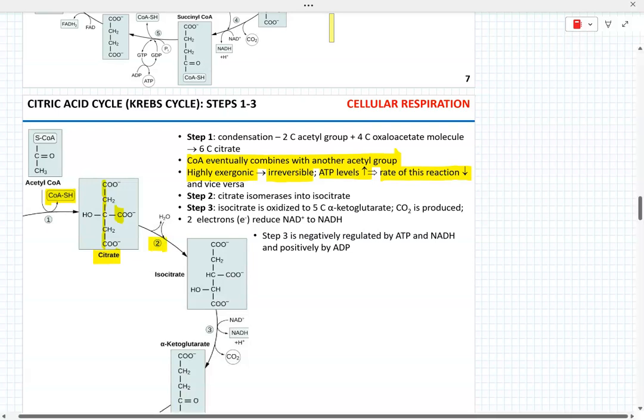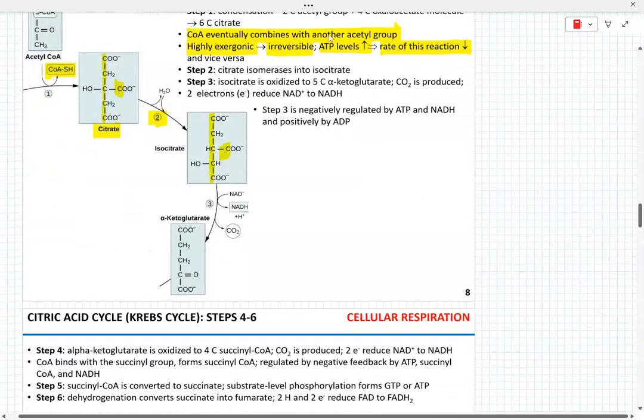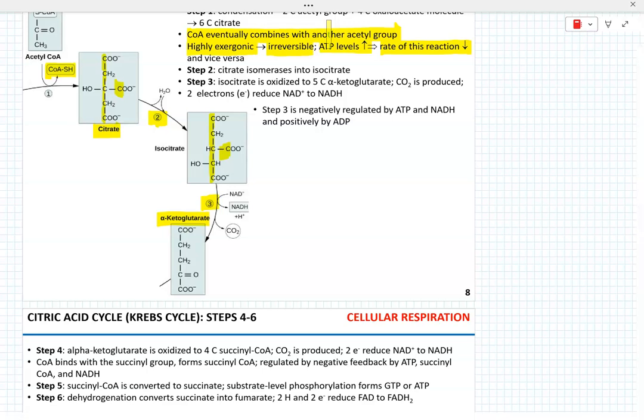During the second step, citrate isomerizes into isocitrate, which is converted during the third step to alpha-ketoglutarate. This is an oxidation reaction. Isocitrate is oxidized, losing 1 carbon in the form of CO2 and forming 5-carbon alpha-ketoglutarate.